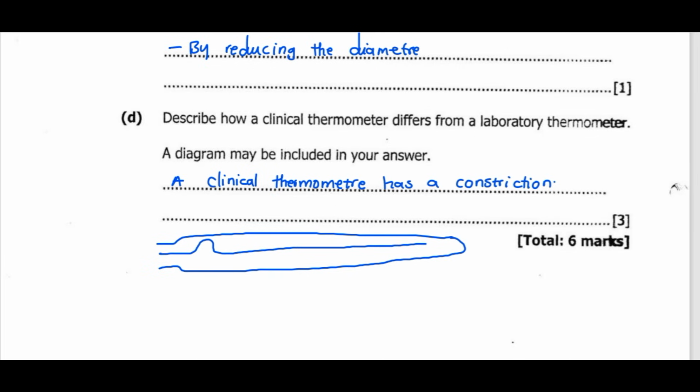Then a clinical thermometer just measures a small range of temperature, like for the temperature of a human being. Okay, so something like this, then you put the numbers. So this is what we call the constriction.